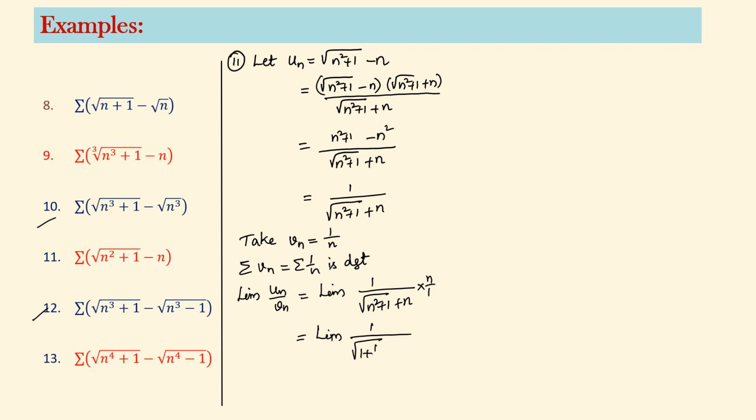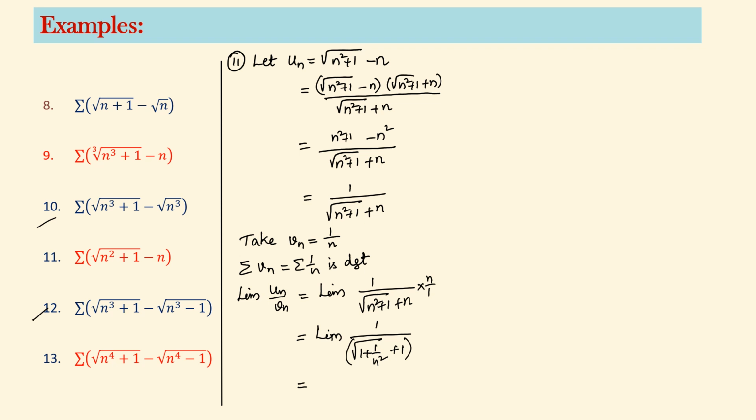So 1 plus 1 by n square. That n will get cancelled with the numerator n, plus taking n common, we are left with 1. So this we got.